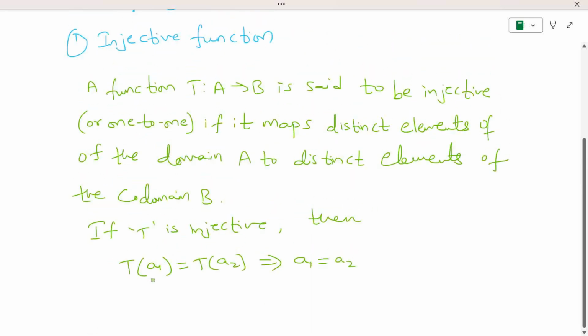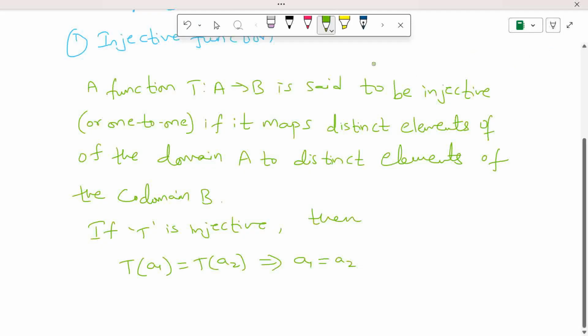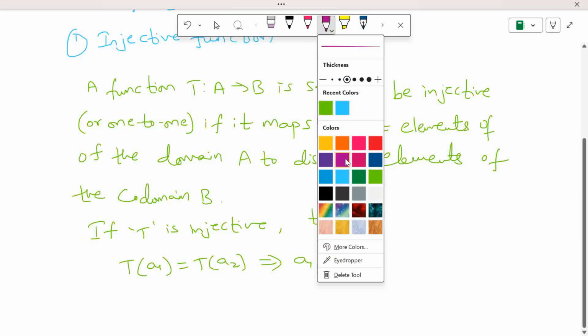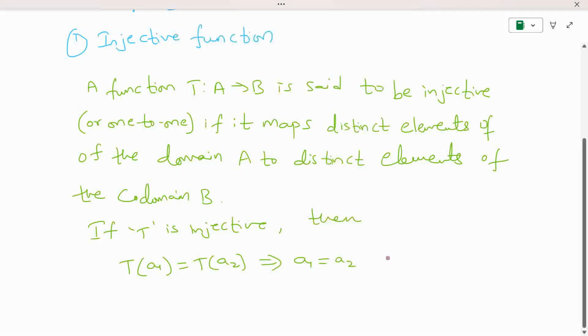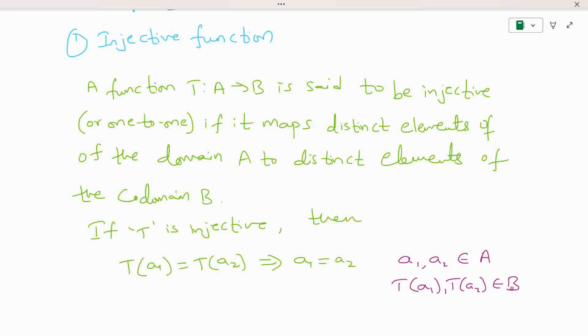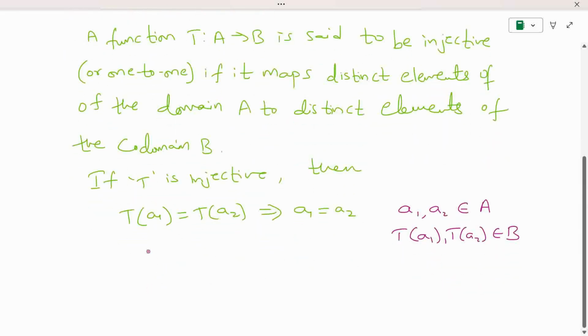So A1 is an element belonging to the set A. So here A1, A2 belong to set A. So this symbol means belongs to.